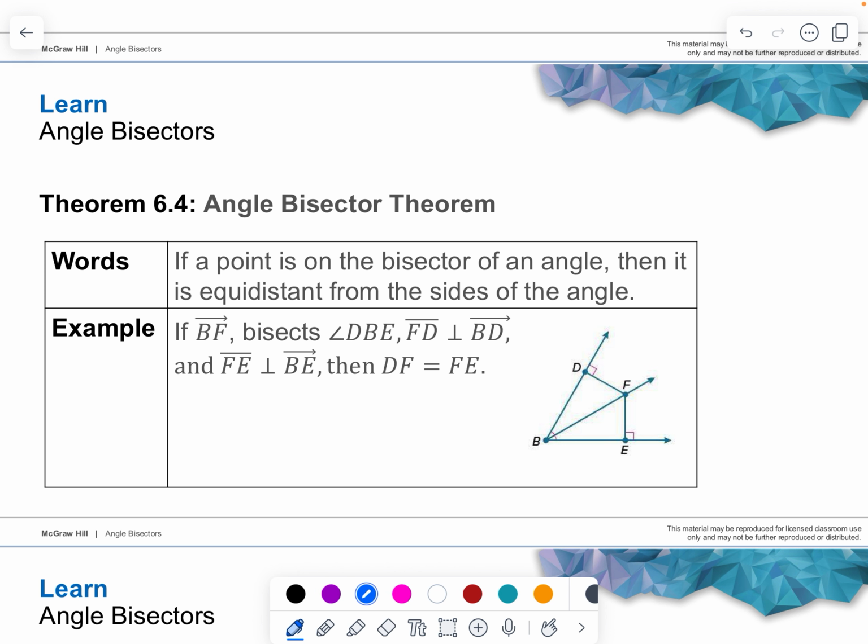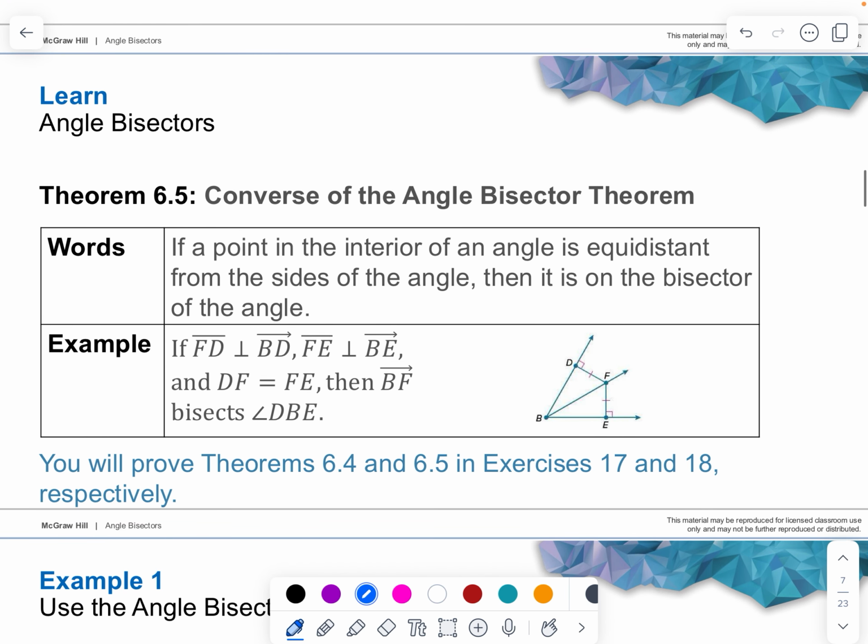Okay, so if BF bisects the big angle, DBE, and FD is perpendicular to BD and FE is perpendicular to BE, then we know that DF is equal to FE. So a lot has to happen there. These have to be equal and these have to be perpendicular.